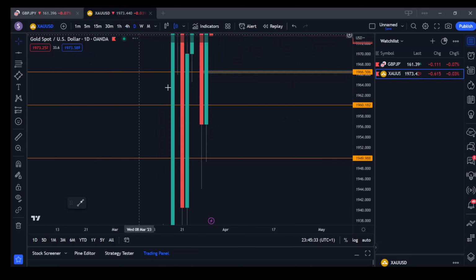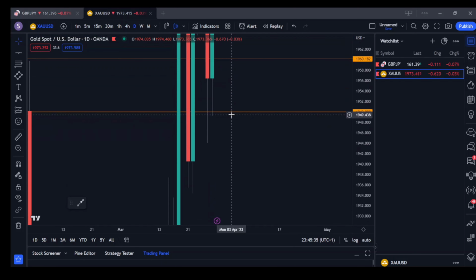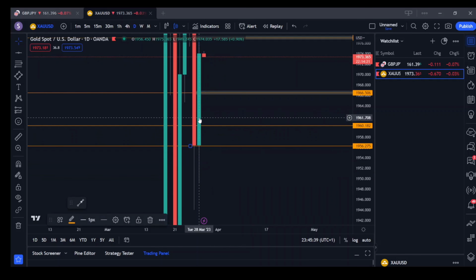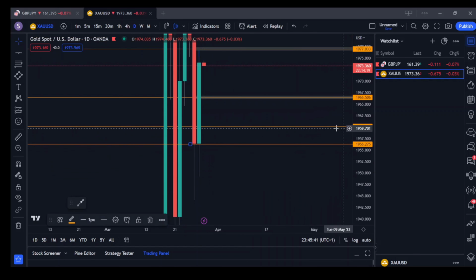Actually, we have the daily support first. As the daily closed bullish, forming new daily support, the probability of price retesting this daily support area is extremely high. So we don't know whether the price is going to retrace and reject this daily support. So ideally it's the second target for sells at 1956.200.